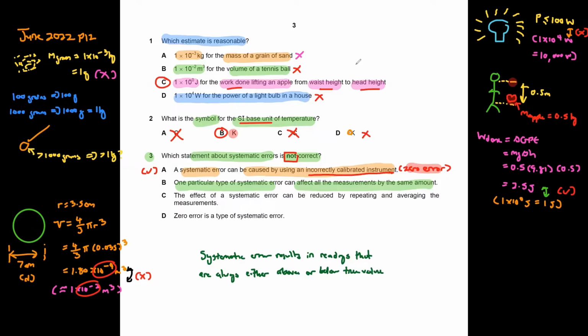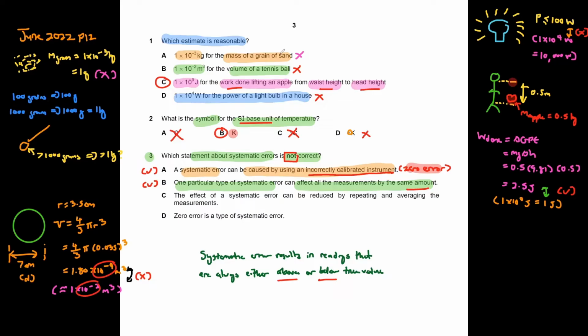Okay, systematic error will always result in readings that are above or below. Only one of them. It cannot be a mix. All right. So here, when they say one particular type of systematic error can affect all the measurements by the same amount, this one is actually true. In this sense, it could mean that all your readings are always above your true value. Or it could also mean the converse. All your readings are below the true value.